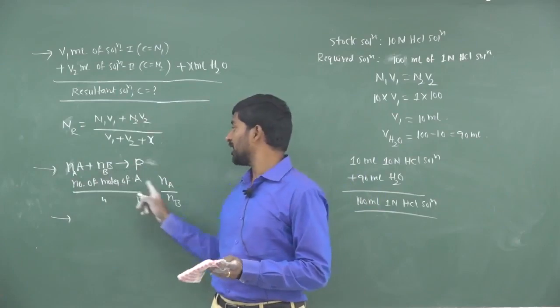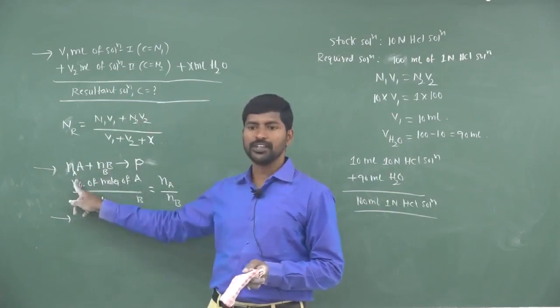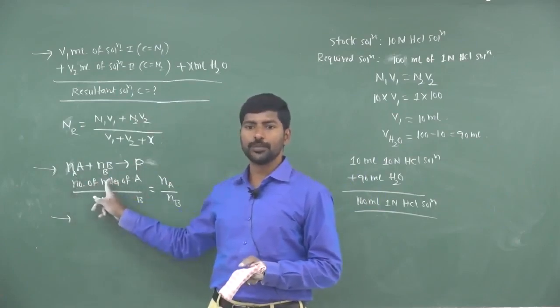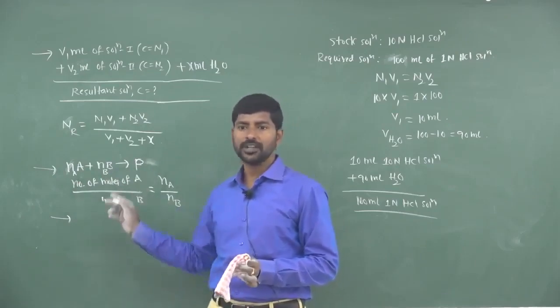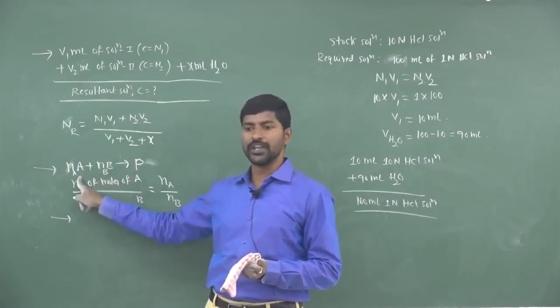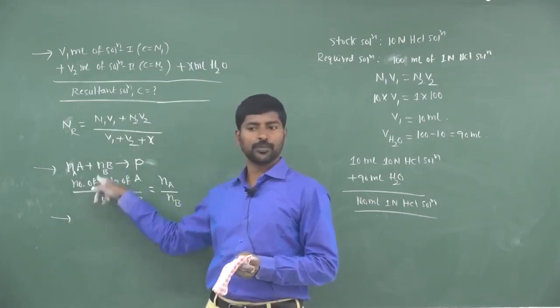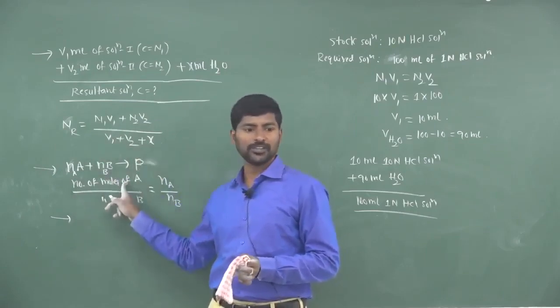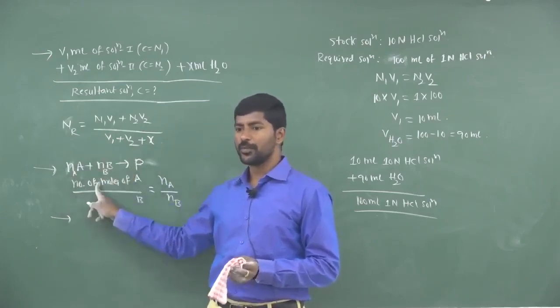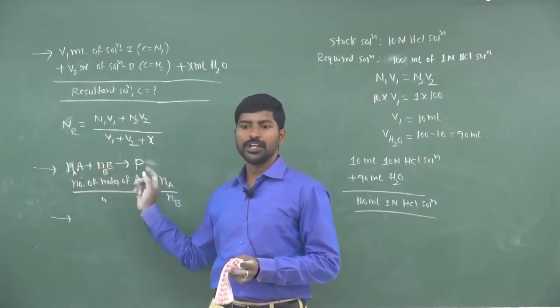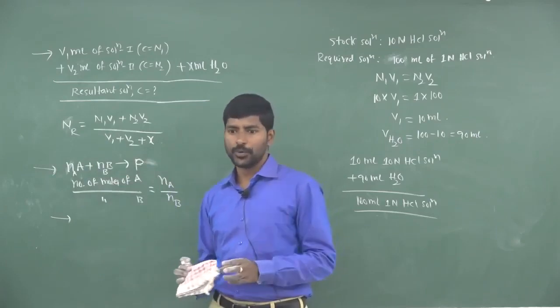The number of moles may be different, but the number of gram equivalents is the same. Or the number of milligram equivalents of A is equal to that of B, which is equal to that of the product.